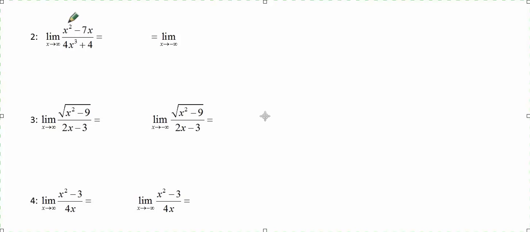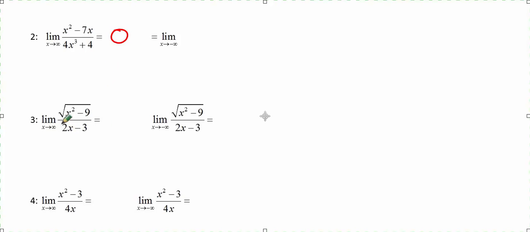If the power on the top is lower than the power on the bottom, so you're bottom heavy, you're taking a big number and dividing it by an even bigger number. So we're dividing by something really, really large, which is like cutting your pizza into an infinite number of slices, which really just means you end up with 0 pizza per slice. So if it's bottom heavy, you go to 0.